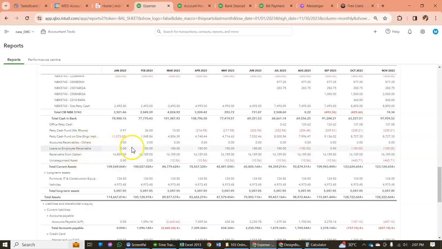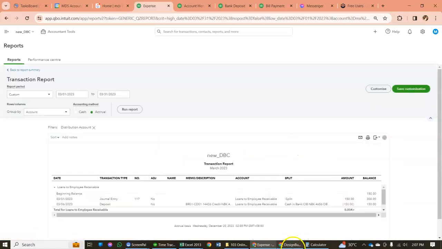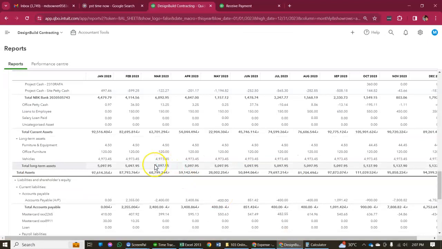So that's 0, and this should be loans to employee receivable should be 0, but we have another 150 in March. Then there is no such 150 in March for the loans to employee. In the old we have 150 in Feb.